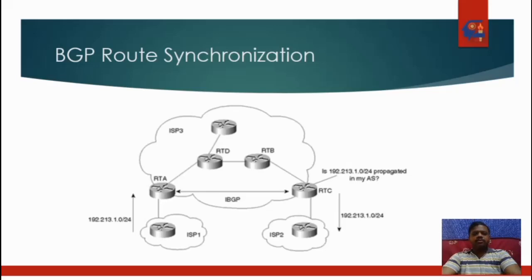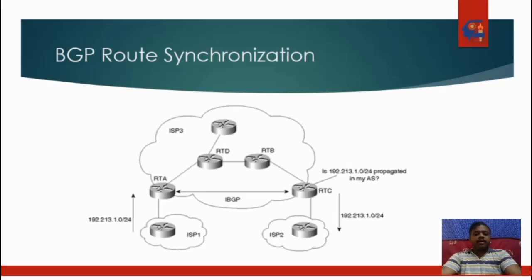Consider the figure shown. ISP1 and ISP2 use ISP3 as a transit autonomous system. ISP3 has multiple routers in its autonomous system and is running BGP only on the border routers. ISP3 is running an interior gateway protocol inside the autonomous system for internal connectivity.